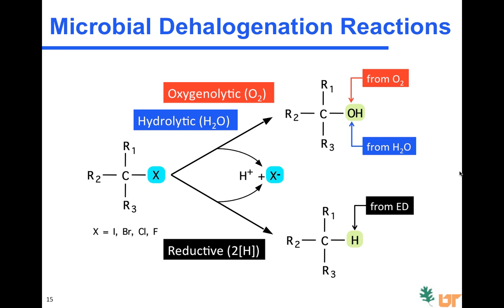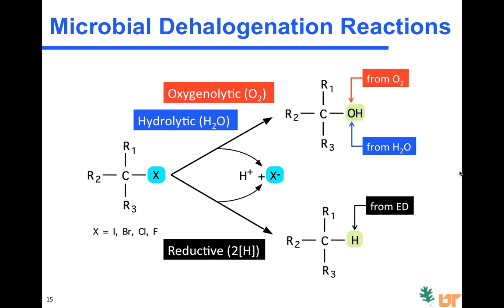First of all, you can replace it with a hydroxyl group, OH. That's shown on top. The oxygen in the OH group can be derived from oxygen. Then we call this oxygenolytic dehalogenation.